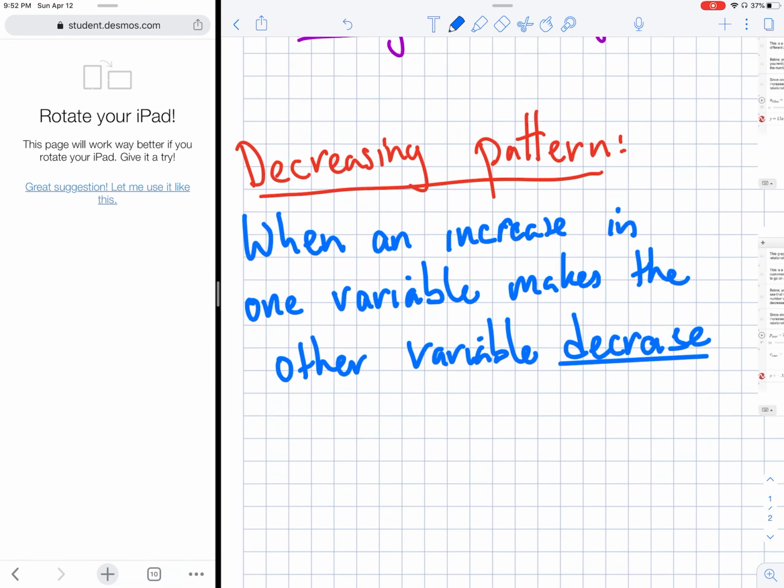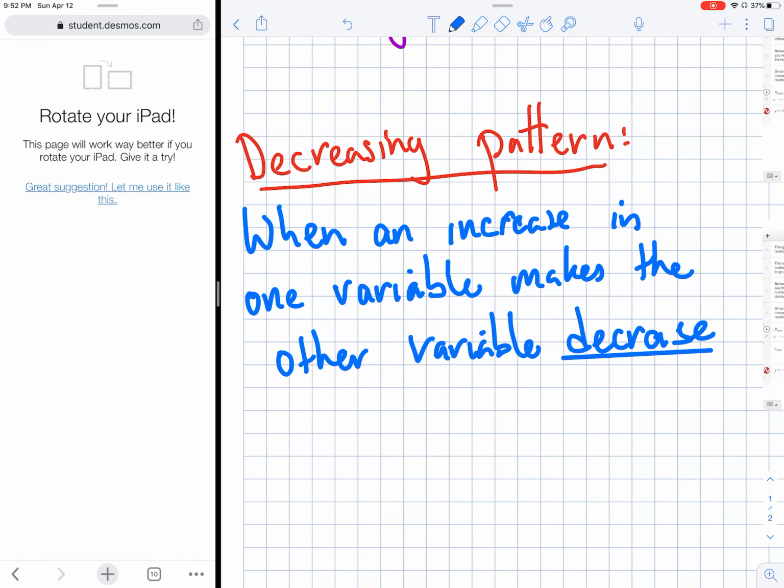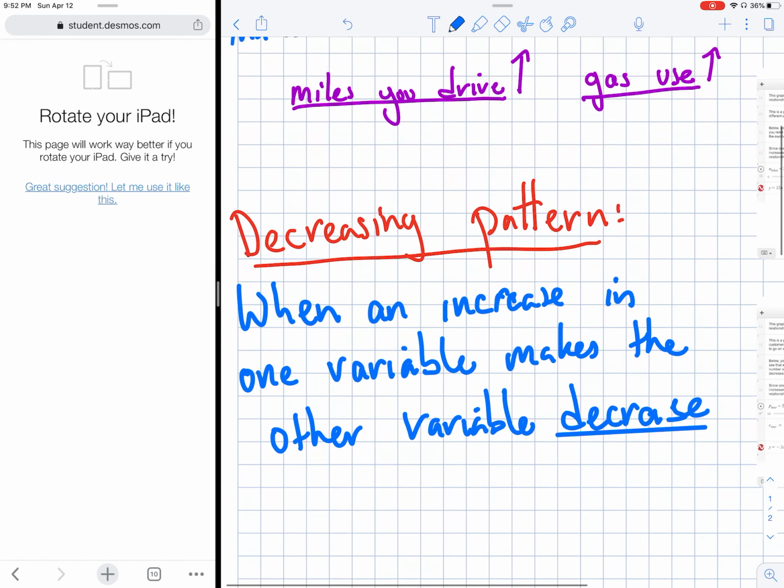So I'll say more about what I mean in a second. So a decreasing pattern is when an increase in one variable makes the other variable decrease.